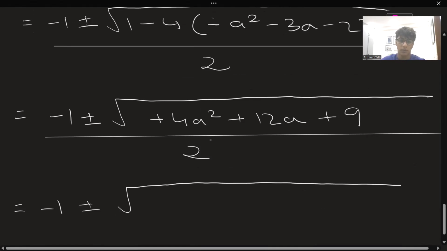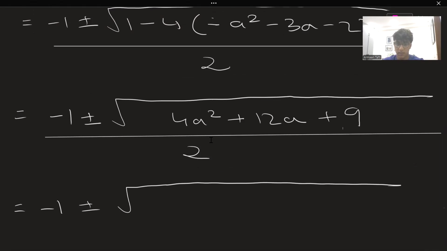Now, if you look at this carefully, you will see that this is a whole square. Every time you get a variable inside the root, you know you're going to get it out of the root, and to get it out, it has to be a whole square. So you see 4a square and you see 9. From factorization, you should identify this as (2a plus 3) whole square: 4a square plus 9, plus 2 times 2a times 3, which is 12a.